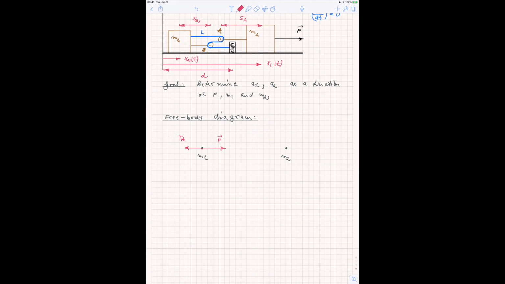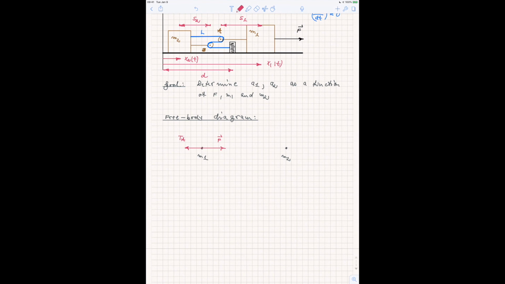So if mass M1 is now moving to the right, subject to the overall external force F, then object M2 is also moving from left to right, and there are two forces acting on it.